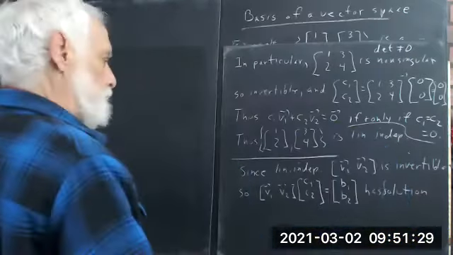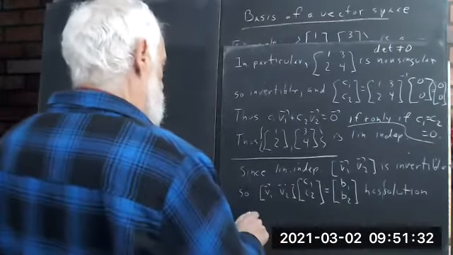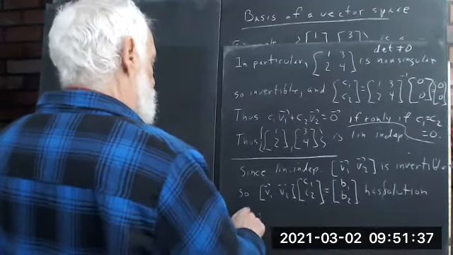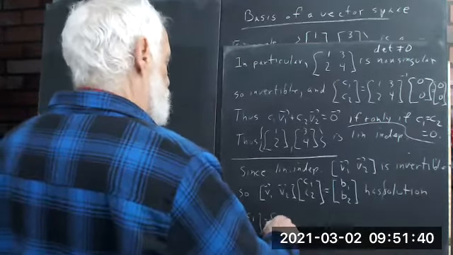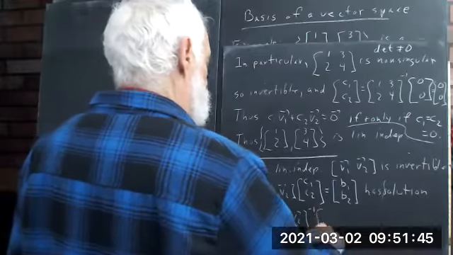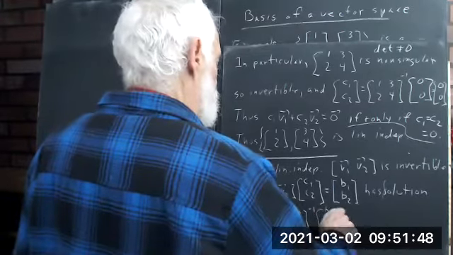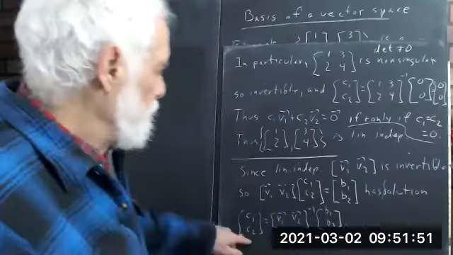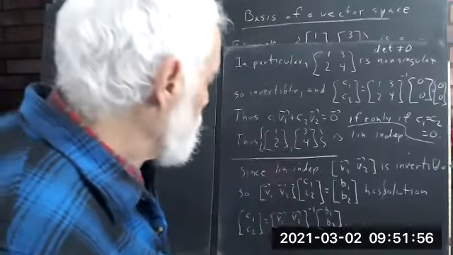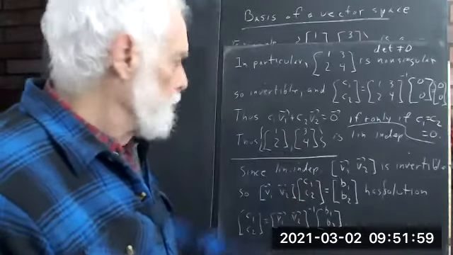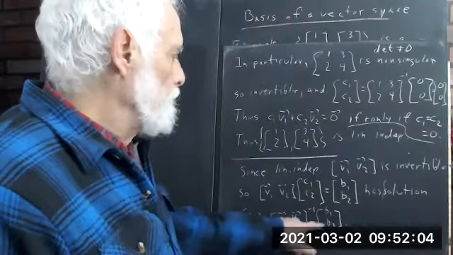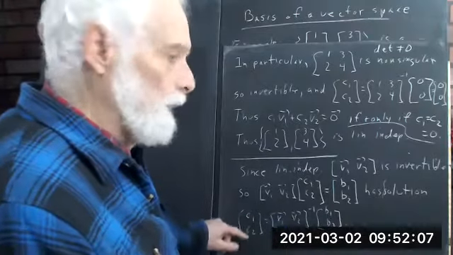As solution, C1, C2 equals the inverse of this matrix of column vectors, the matrix whose columns are the vectors in the linearly independent set. You multiply the inverse of this times B1, B2, and you get C1, C2.